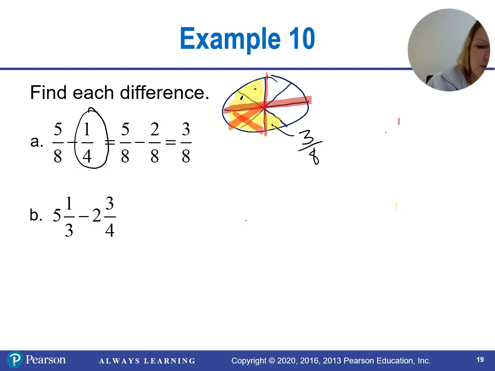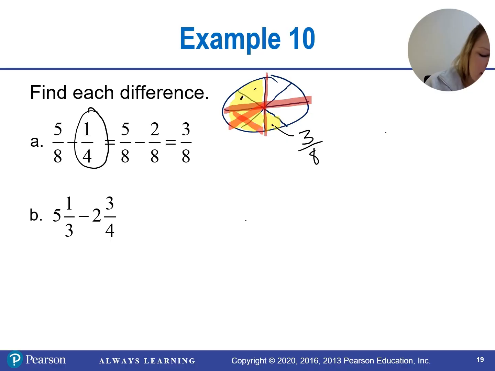If I wanted to subtract 2 3/4 from 5 1/3, I could first convert them to improper fractions and find a common denominator and then proceed that way. Or I could think about subtracting the whole numbers first.